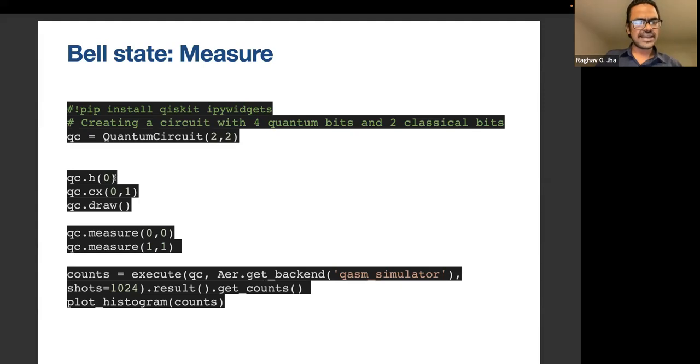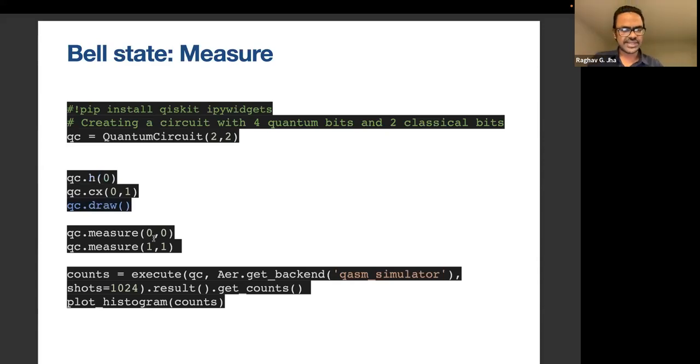And then I apply the Hadamard gate, which I explained a couple of slides before, to the 0 qubit. I apply the control NOT gate, which is also known as the CX gate, to 0 and 1, because remember that the control NOT is a 2 qubit gate, so I have to specify 2 qubits. And then I'll draw that circuit just to see what it looks like.